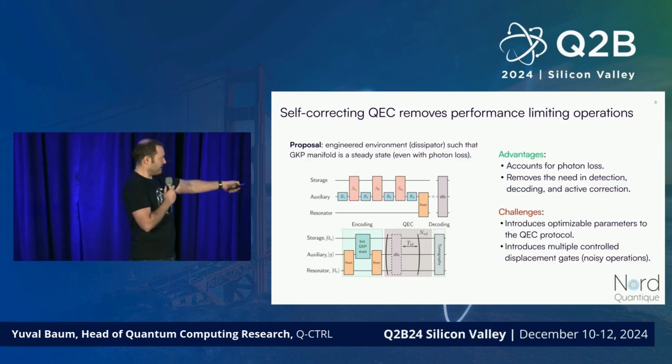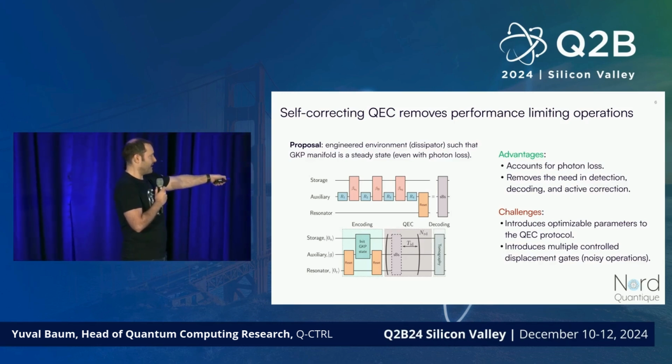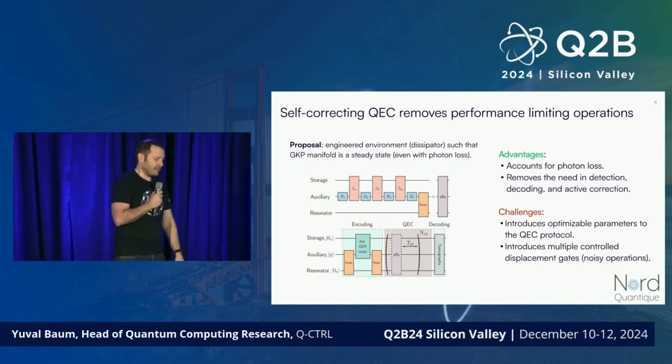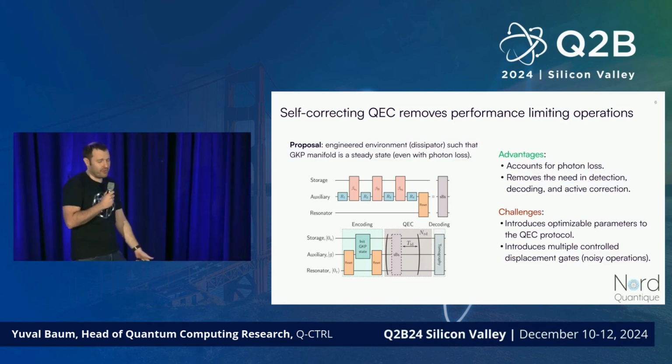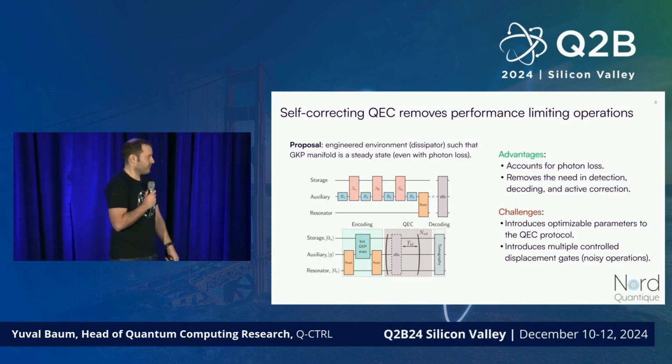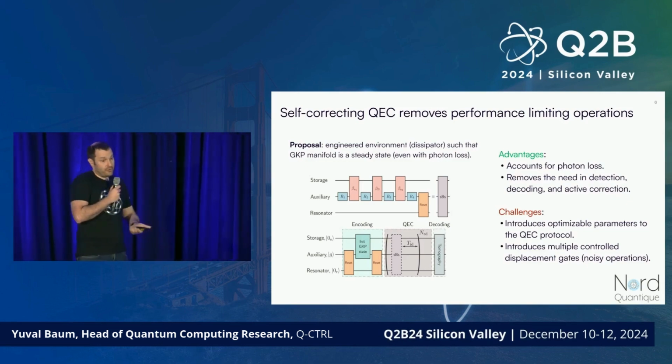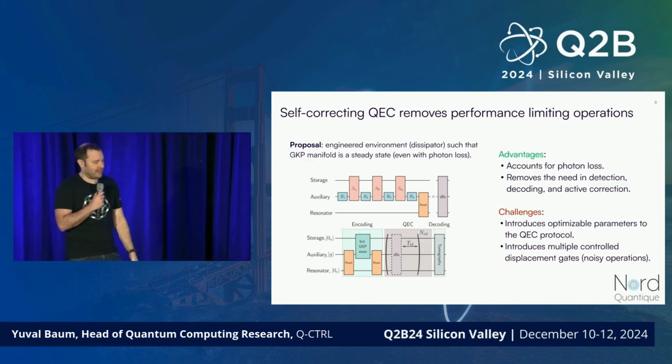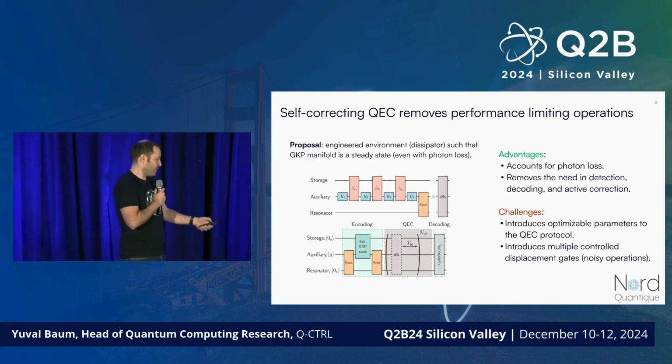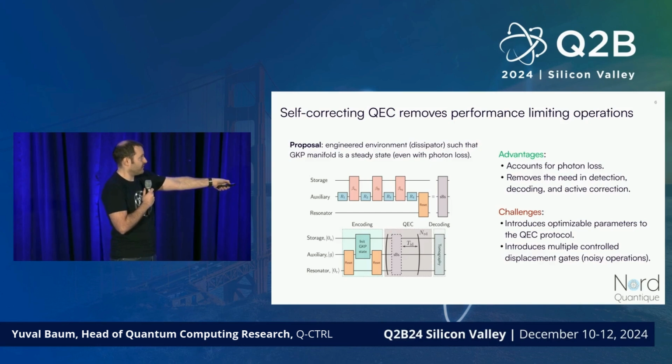And on top of that, it introduces quite a lot of these operations analogous to 2-qubit gates, these controlled displacements, which are the most noisy operations. So each error correcting round introduced 3 such gates. So clearly you need, first of all, to have quite good controlled displacements, and you also need to know how to set all these different parameters in a quite optimal way.